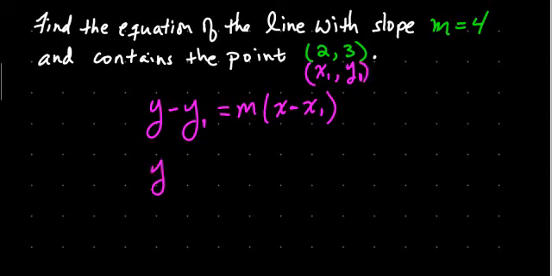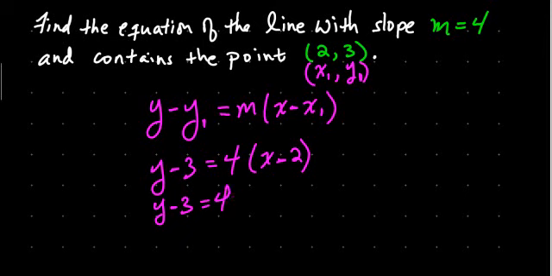So we have y minus 3 equals 4 times x minus 2. And so we're going to get y minus 3 equals 4x minus 8.